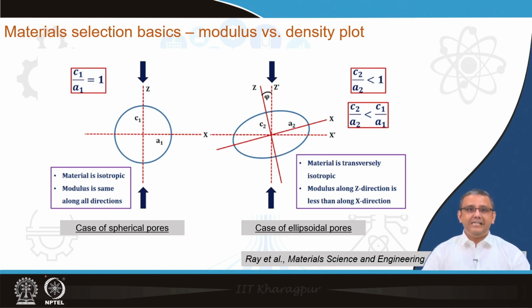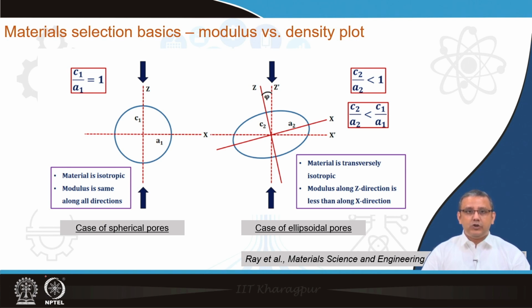As you can see, this plot shows two different cases. The left hand side is the case of a spherical pore, that means it is a pore with an aspect ratio of 1, and these materials, because the aspect ratio is 1, are typically isotropic.